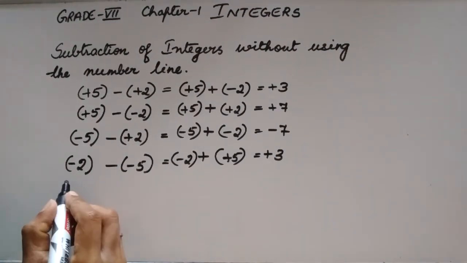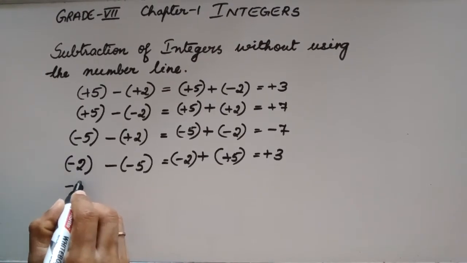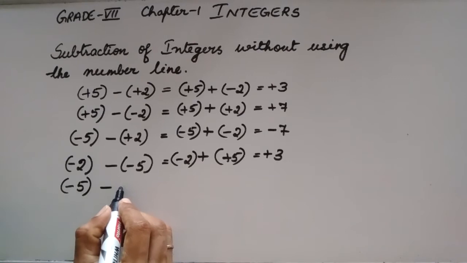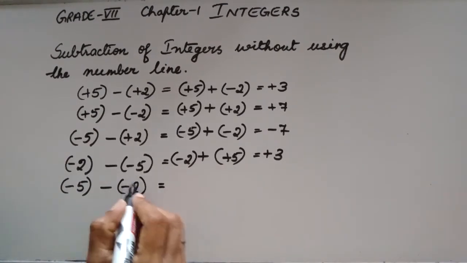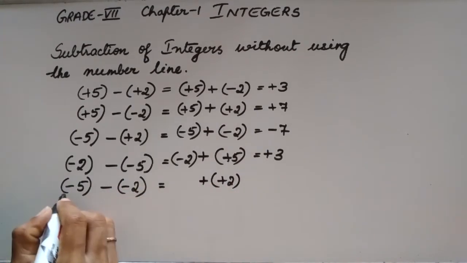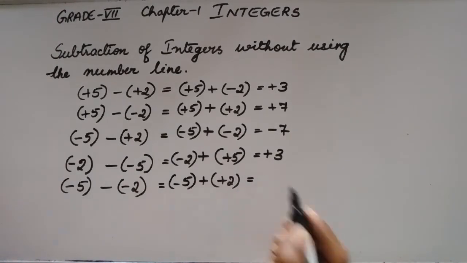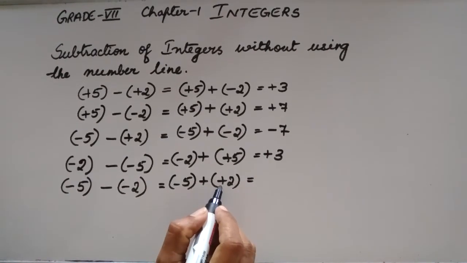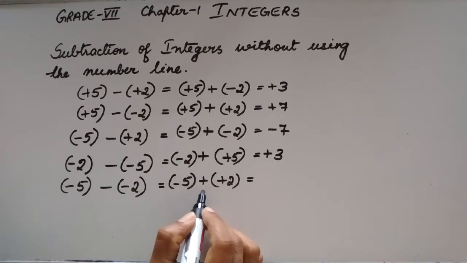Okay, let me take one more example so that it is clear to you. Minus 5 minus plus 2. So now what is the additive inverse of plus 2? It is minus 2. So I am adding this to minus 5. So here one negative integer and one positive integer are added.